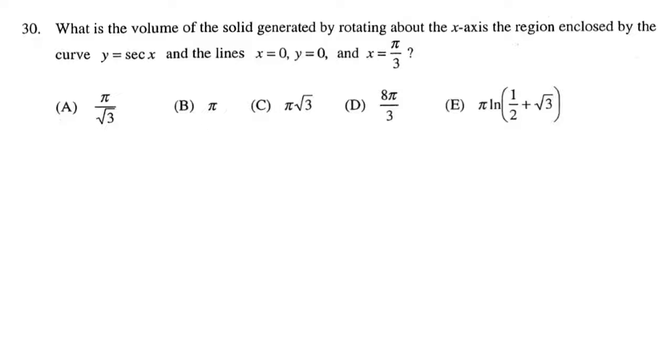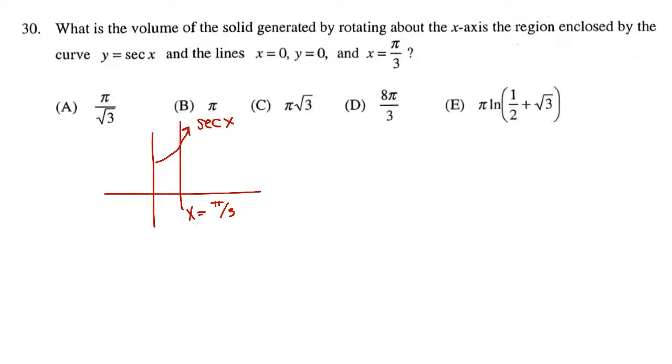And so here again, we're going to sketch it. Secant is going to be turned up something like this. There's our secant x. But then we're also going to bound it on the right side by x equals pi over 3. So we're going to cut this here at x equals pi over 3.